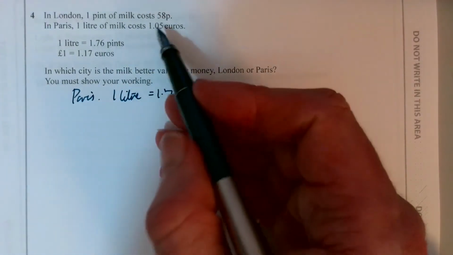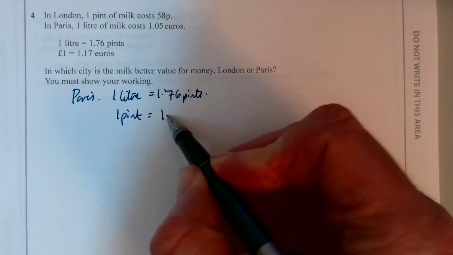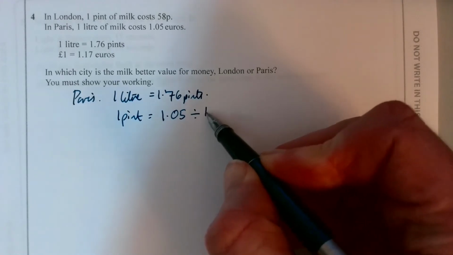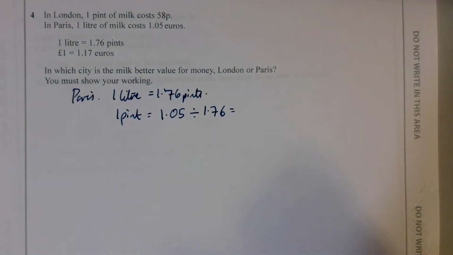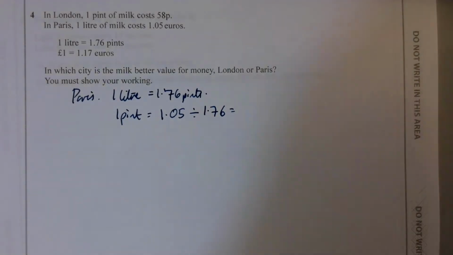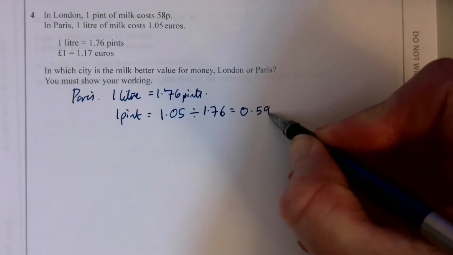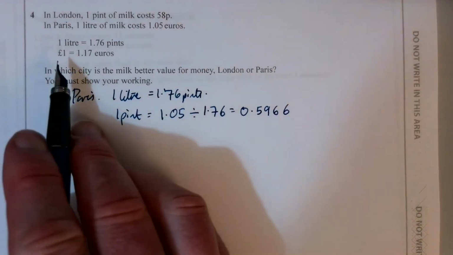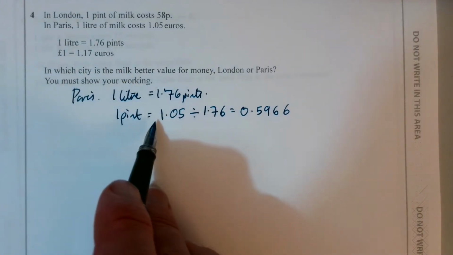So the cost of 1 pint is going to be 1.05 divided by 1.76 because there aren't as many pints. That gets our ratio down to 1 pint. So that gives me 0.596. 6 will be good enough for that.